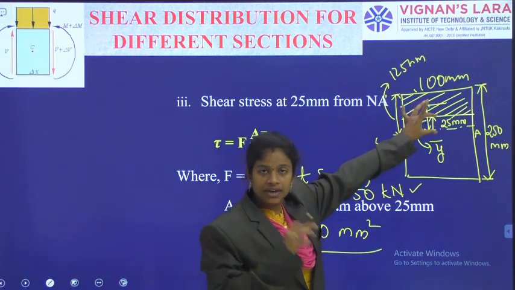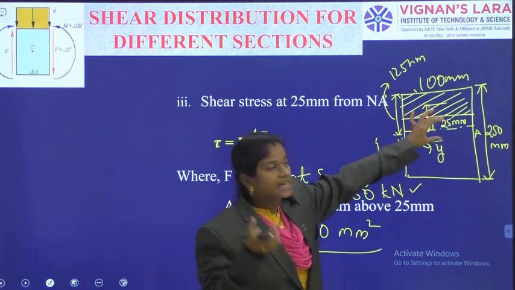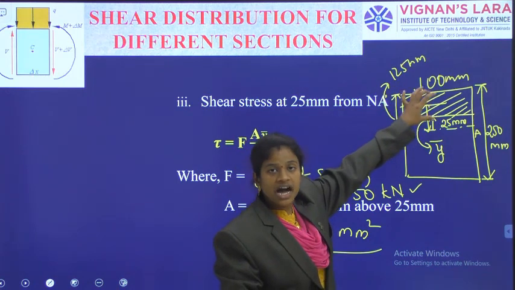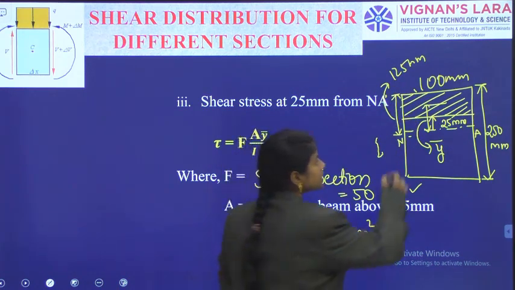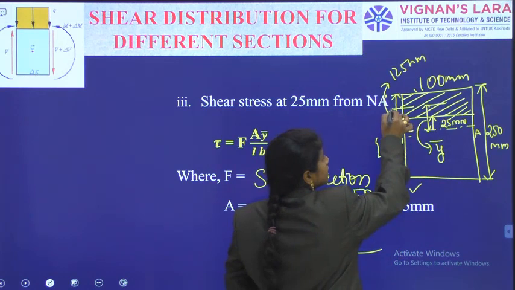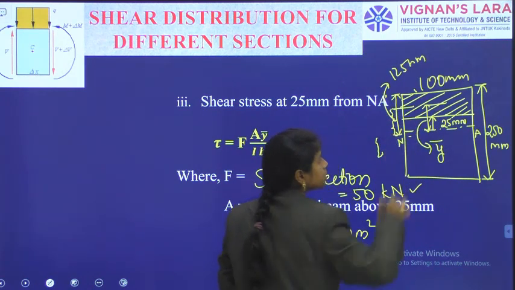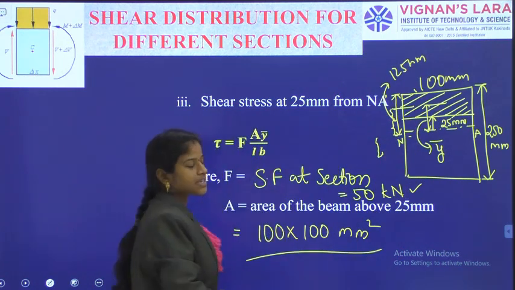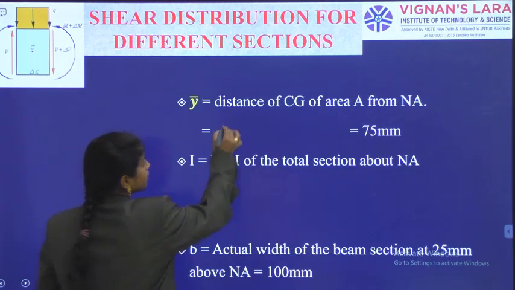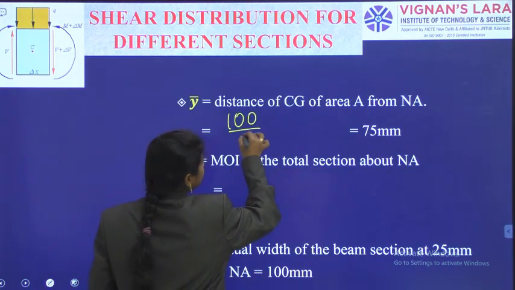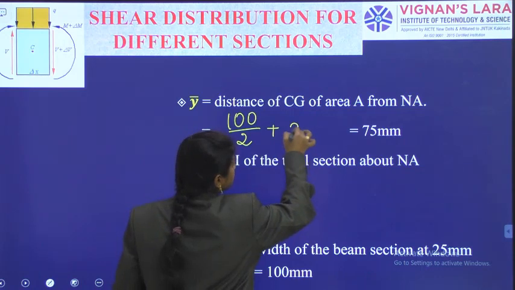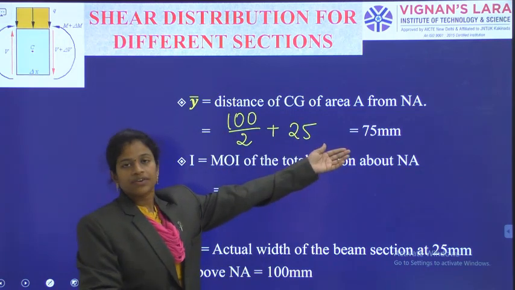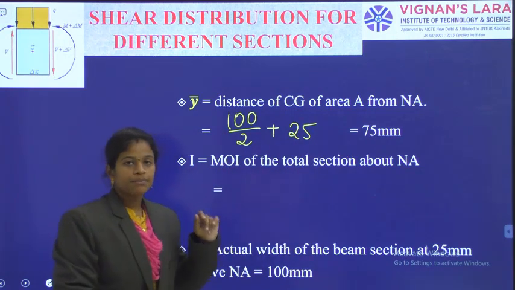I know this 25 as it is, so 25 plus this shaded portion's half height. Being rectangular, the center of gravity is at half the depth. So the total 100 depth of the shaded portion by 2 plus 25. In this way, we have got 75 mm as the Y bar.